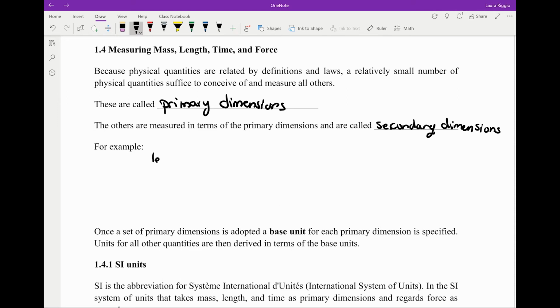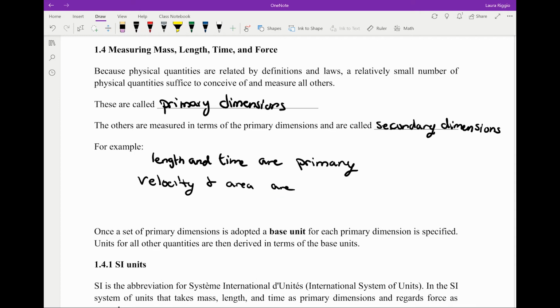So for example, length and time are primary, whereas velocity and area are secondary. Once a set of primary dimensions is adopted, we can have a base unit for each primary dimension, and then all other units are derived from these base units.